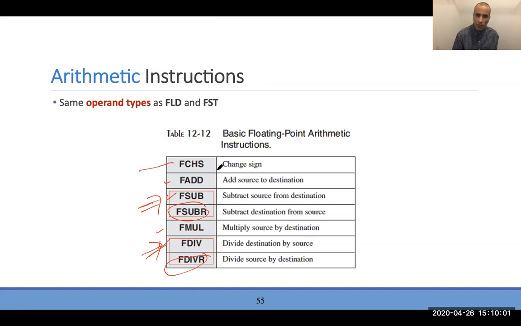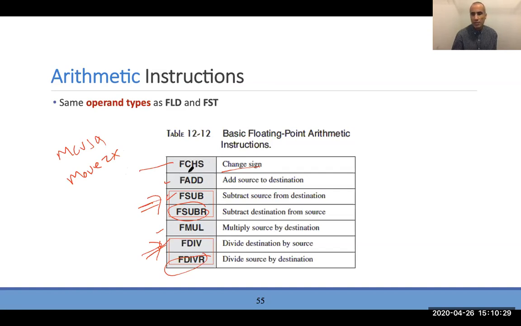Remember, what is the equivalent of changing sign in the integer unit? Remember that? Can you think about it? How do we flip the sign? When we learned the MOVSX and the MOVZX instructions, we also learned how to flip the sign.